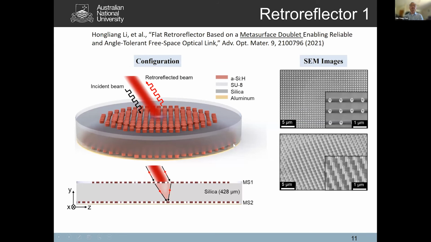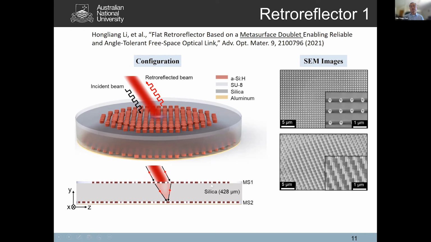Using the metasurface doublet, we made a flat retroreflector. A retroreflector is a device that reflects light back to its origin, regardless of its incidence angle. The structure is 1 micron tall amorphous silicon nanopillars on the front and back surface.